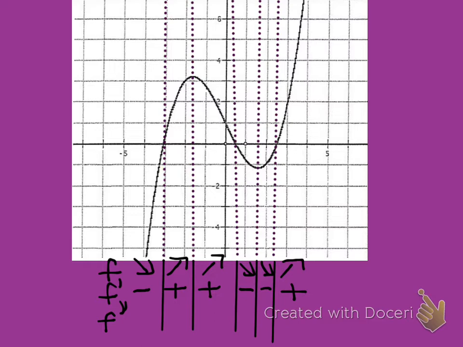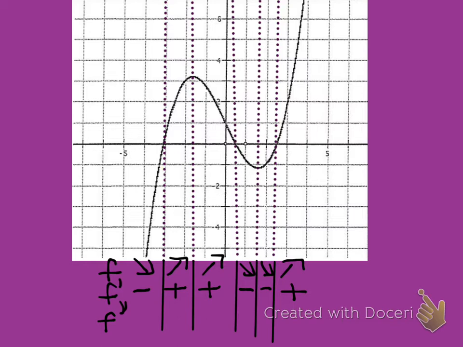concavity. So whenever my first derivative graph is increasing, my original graph is going to be concave up. And wherever my first derivative graph is decreasing, my original graph is going to be concave down.